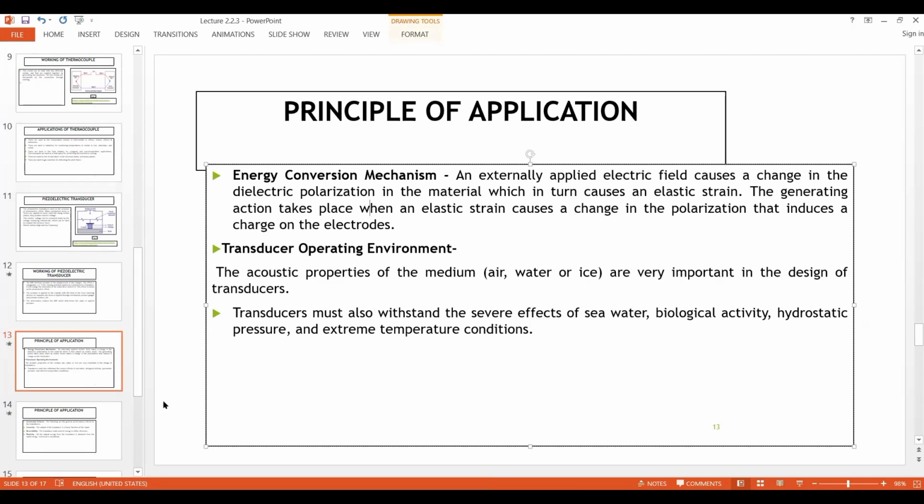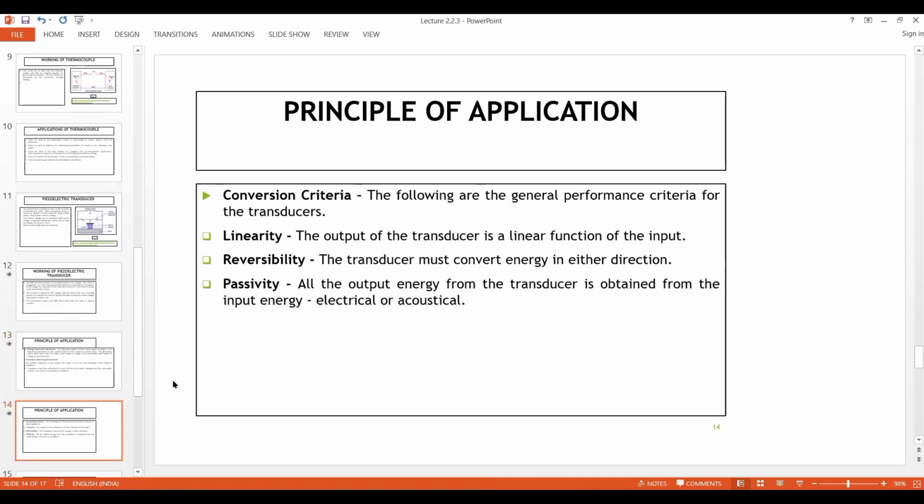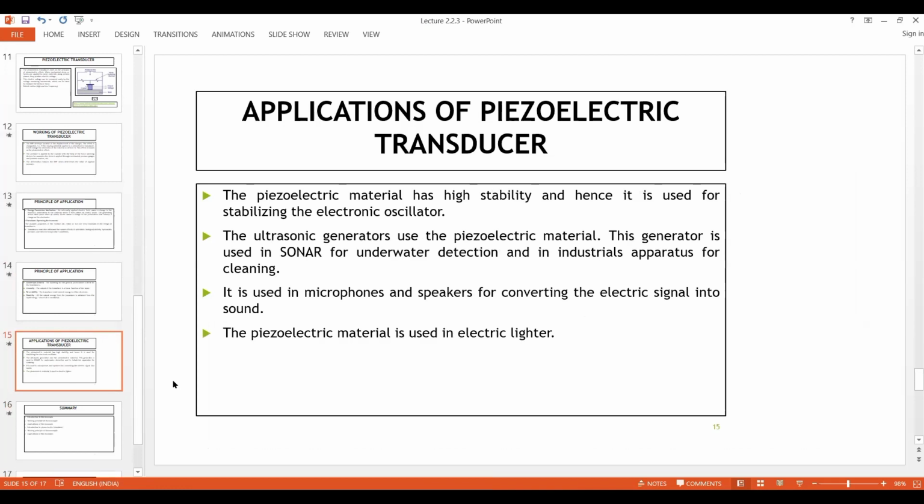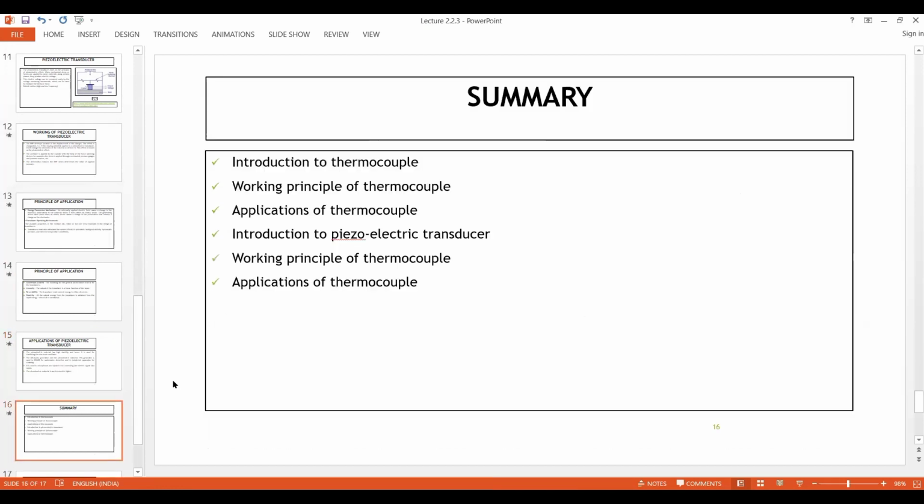This is very important. The transducer must withstand the severe effects of sea water, biological, any kind of environment where it is placed. Then the principle of application: linearity, reversibility, passivity, and the conversion criteria. Applications of piezoelectric transducers: we use them in sonars, microphones, speakers, and electric lighters also.